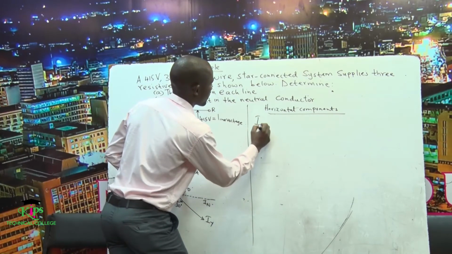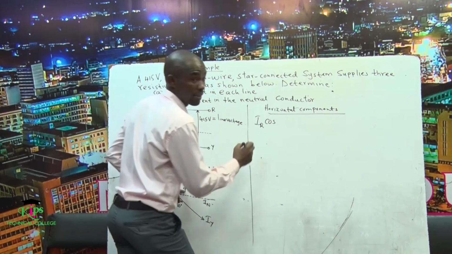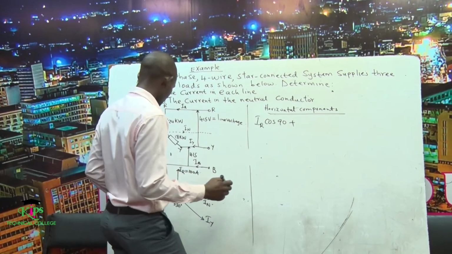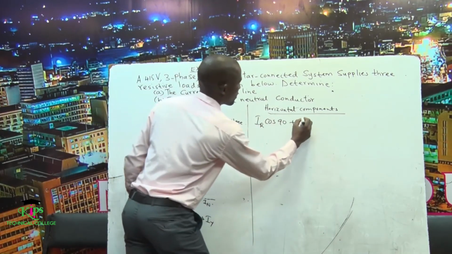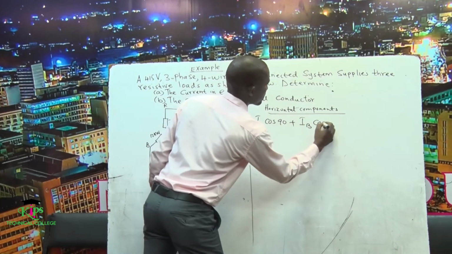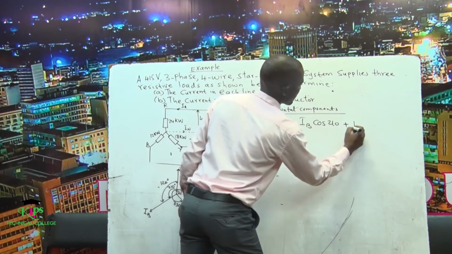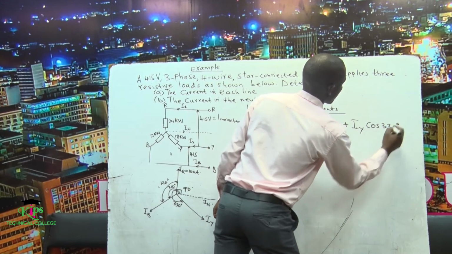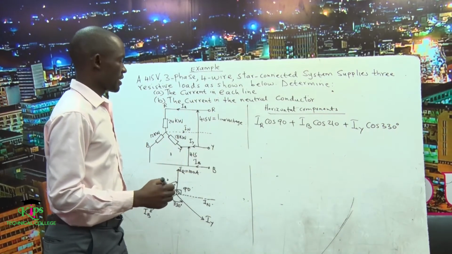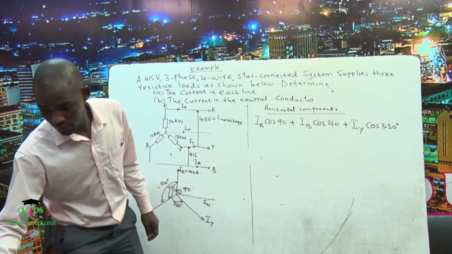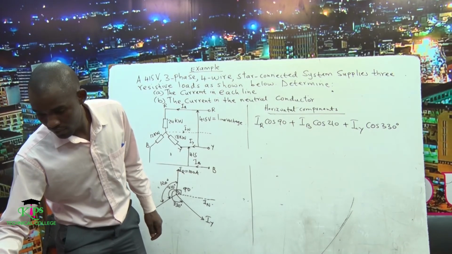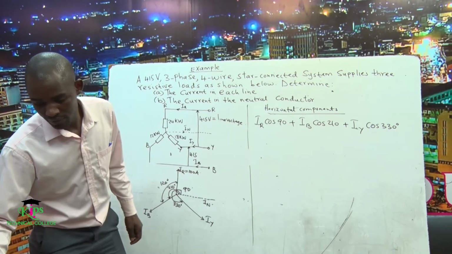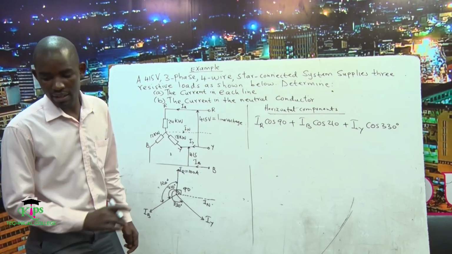It is IR cos 90 degrees plus IB, which is cos 210 degrees, plus IY cos 330 degrees. We can now replace such that we can now take the horizontal components and check what we are getting.